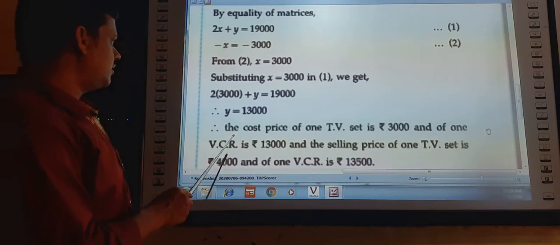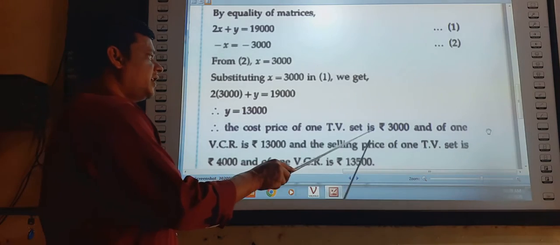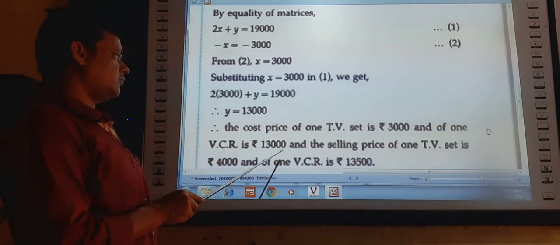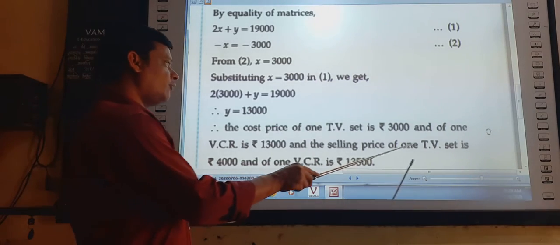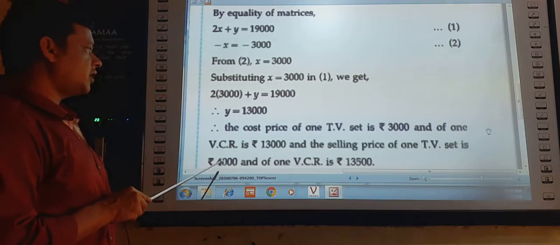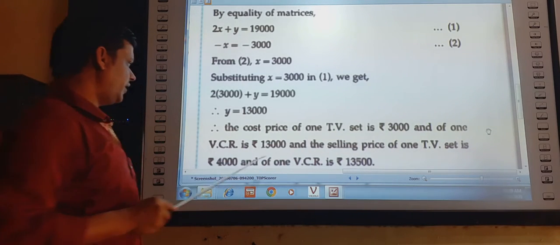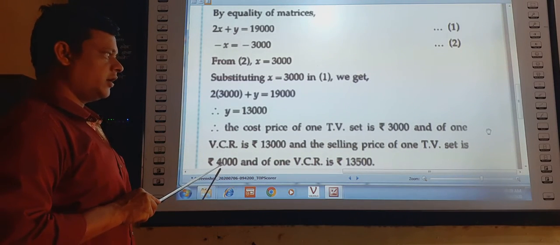So the cost price of a TV set is rupees 3,000 and one VCR is rupees 13,000, and the selling price of one TV set is rupees 4,000. Adding 1,000 to the cost, we get the selling price 4,000 for a TV set.